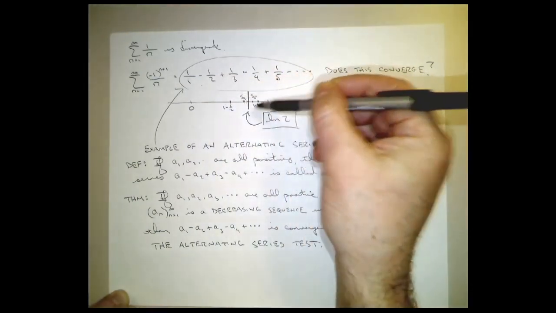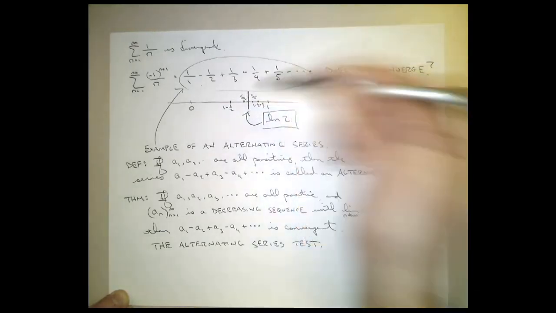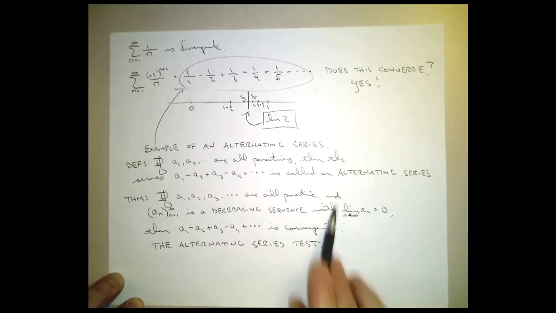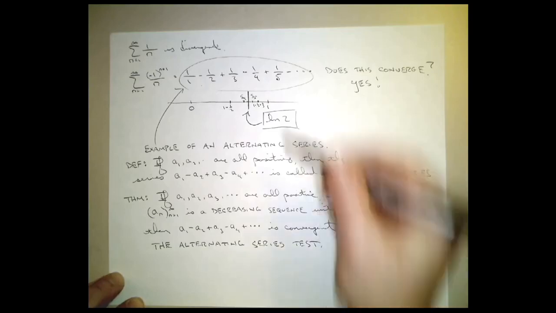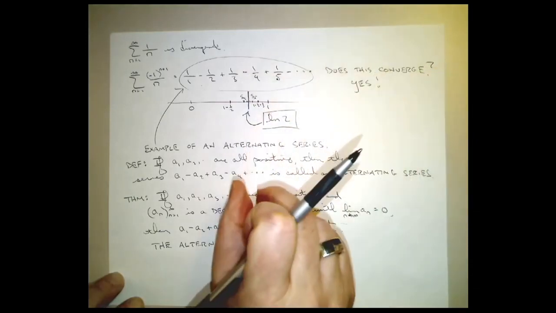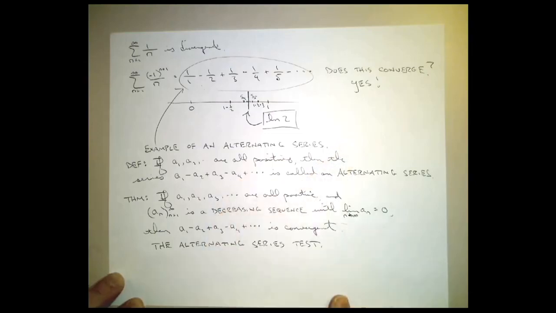If we look at the odd ones, we're going to get a decreasing sequence, and they're all going to be trapping some number in between them. And the fact that we're insisting that the limit go to 0 means that this number is trapped in very, very small, decreasingly small intervals. And so that forces the series to converge. We're going to prove that a little bit more rigorously, but that's the basic idea of what's going on.